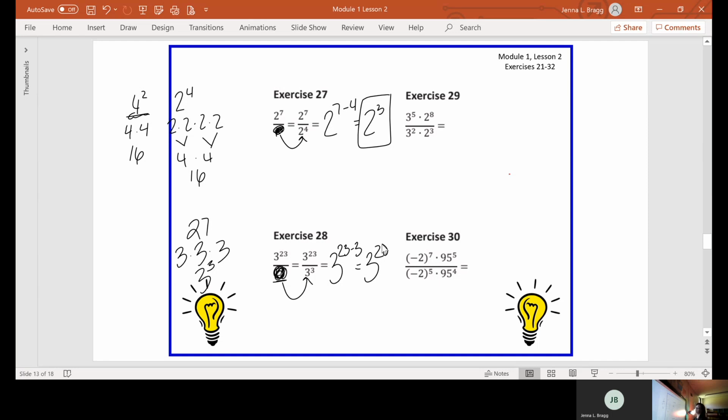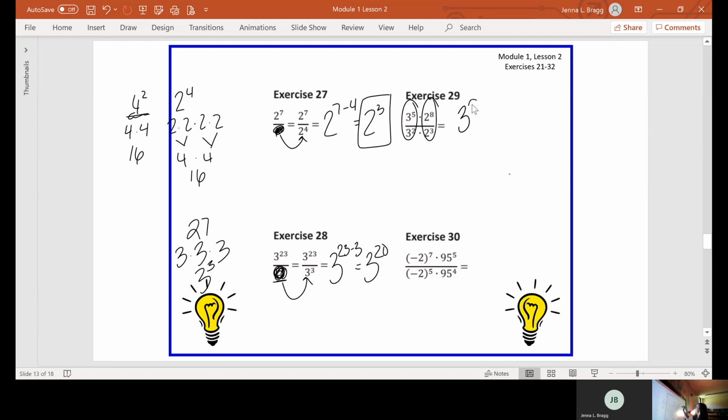Just like when we multiplied earlier with exponents, you can only put together the bases that are the same. So I can simplify 3 to the 5th divided by 3 squared, or 3 to the 2nd, and also 2 to the 8th divided by 2 to the 3rd. I just can't simplify the 3's with the 2's.